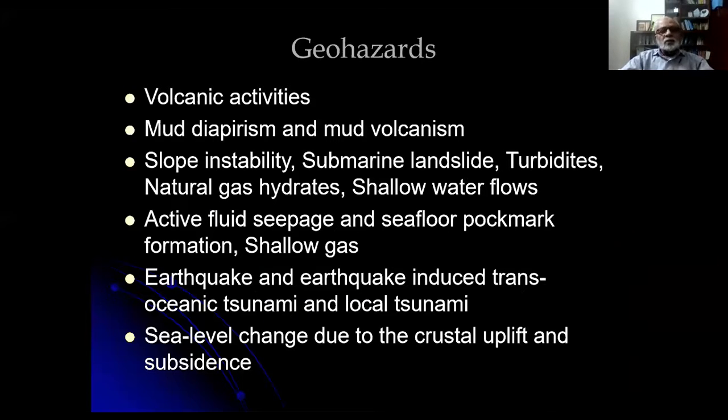But in the Bay of Bengal, we are not much prone to geological hazards, but we are prone to atmospheric hazards like cyclones and storm surges. Geological hazards are not very significant. But there are some earthquake occurrences.